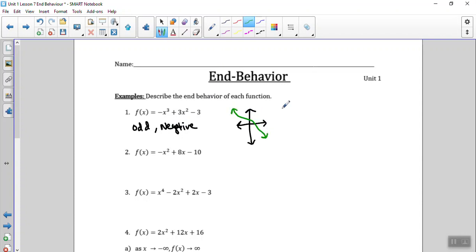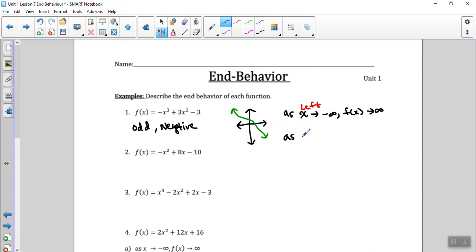So to write my answer, I have to say as x approaches negative infinity, on my left side, what is my function doing? My f of x is going up on the left side. So I have to say positive infinity.